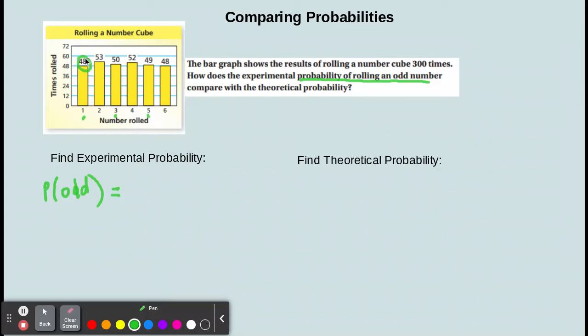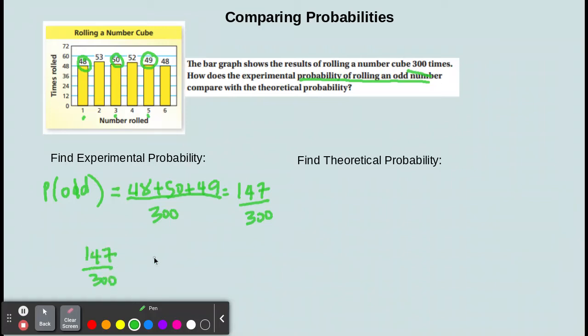If we add up 48, 50, and 49, that equals 147. The total number of times we rolled was 300. So our probability is this over our total: 147 divided by 300 is approximately 49%.